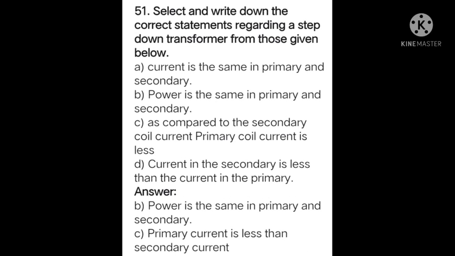Select and write down the correct statements regarding a step down transformer from those given below. Power is the same in primary and secondary in the case of a step down transformer. Primary current is less than the secondary current. These are related to a step down transformer.